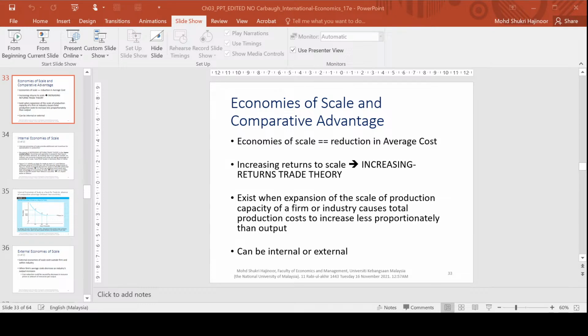How can it happen? Before this, we talked about internal. That's easy to understand. You specialize in your home market, sector. Specialize and you get bigger output. You reduce cost. That's internal. This is external. How does it happen?